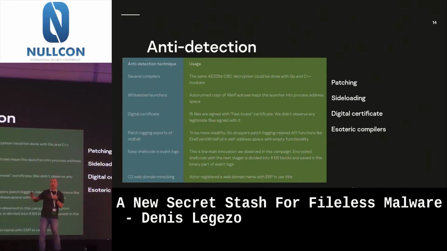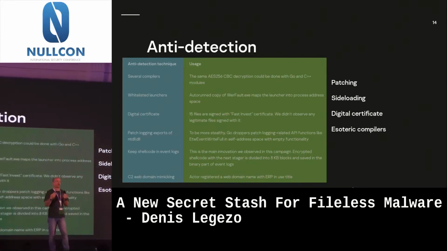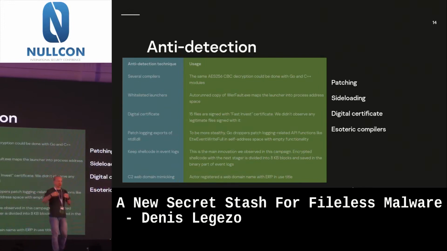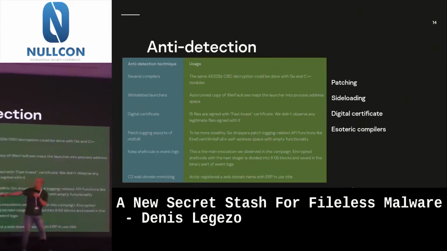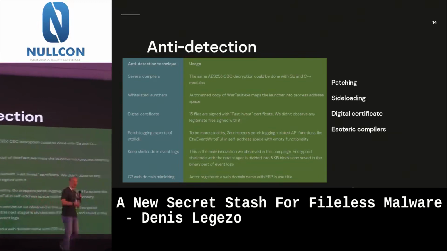Seems like the actor adores event logs. They use them a lot, put shellcode there, but they love only their own event logging. They don't want to be logged by the operating system mechanism. That's why they patch several functions from the normal logging mechanism of the operating system.